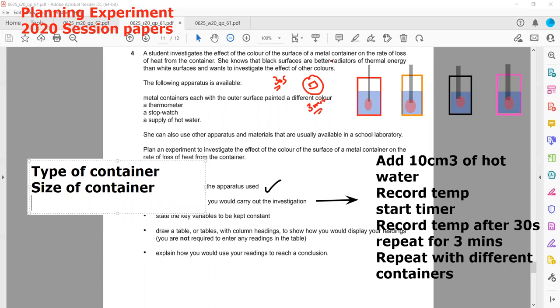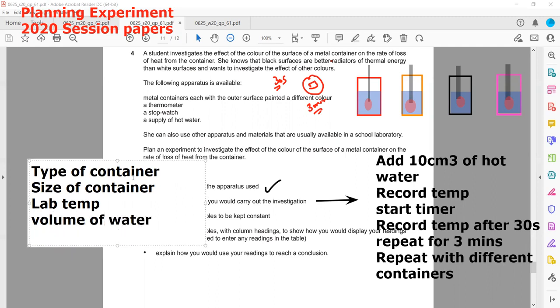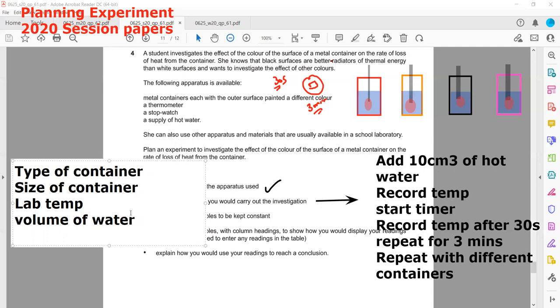Room temperature or the lab temperature, also the purity of water, or amount of water, volume of the water. Can you say that all of the water must have the same temperature?